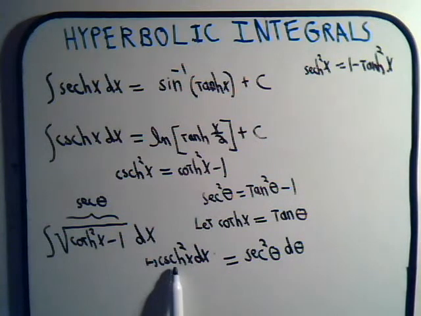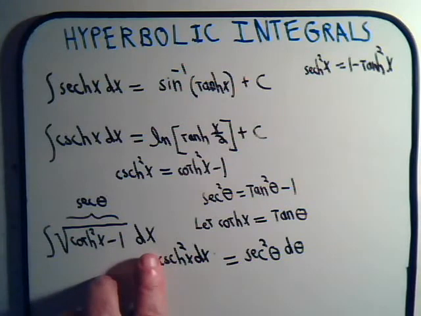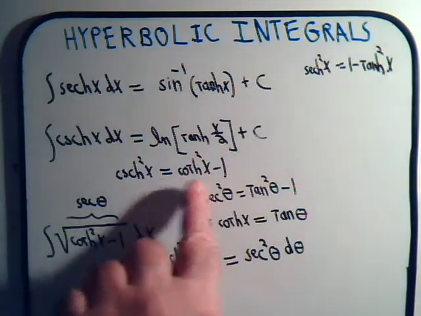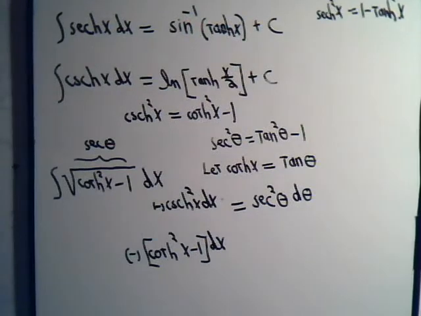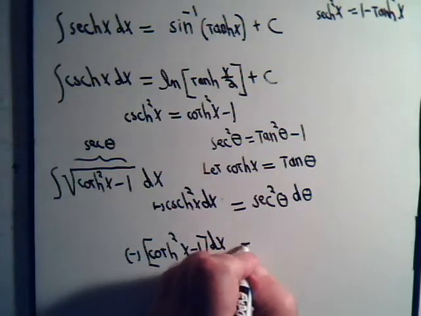Now remember, from up here, the hyperbolic cosecant squared, that's this, so we can rewrite this as minus the hyperbolic cotangent squared of x minus 1 dx. That's just using our hyperbolic identity again for the hyperbolic cosecant squared.